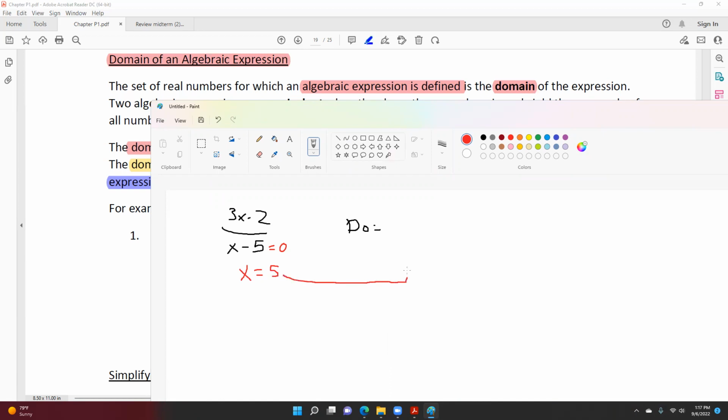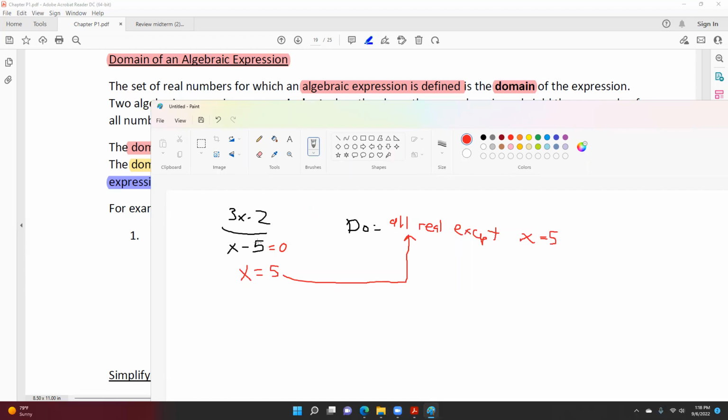So then your domain in this case will be all real numbers except x equals 5. This means any number will work.